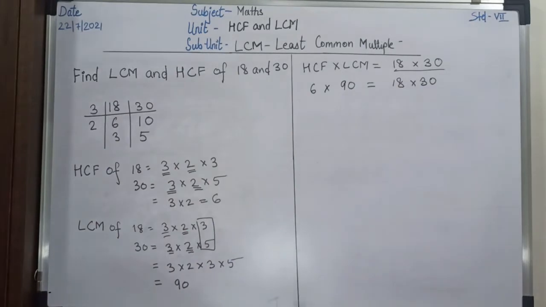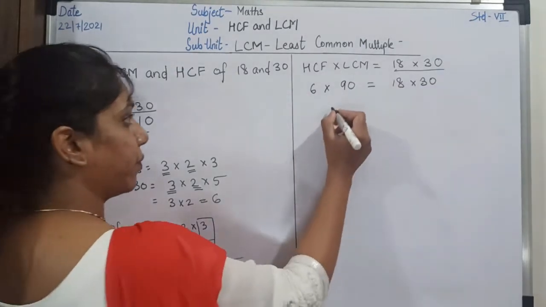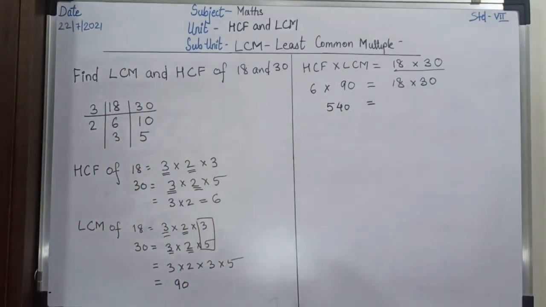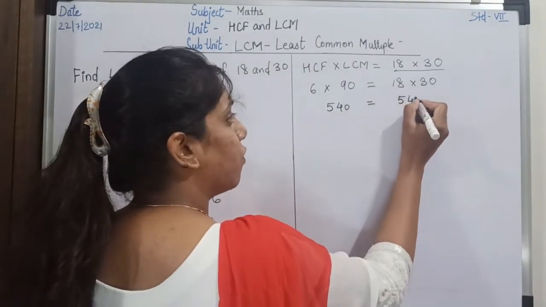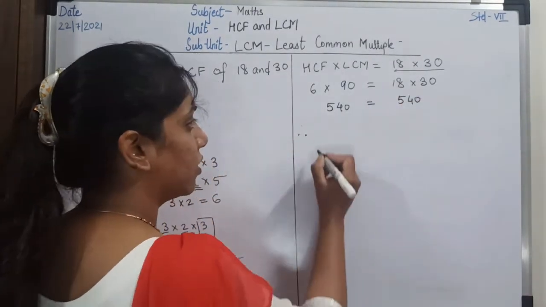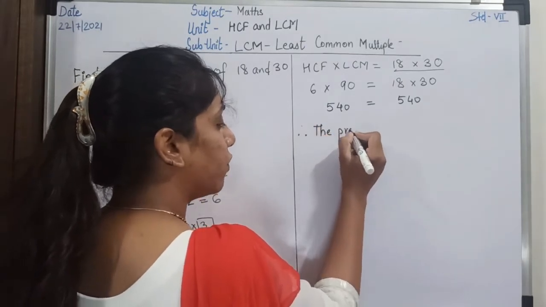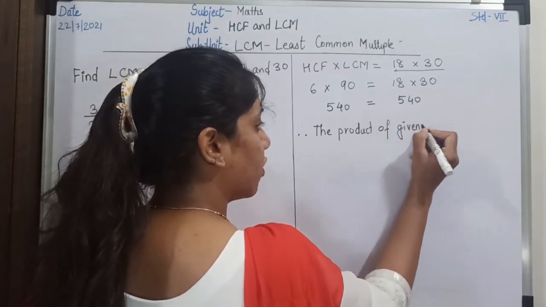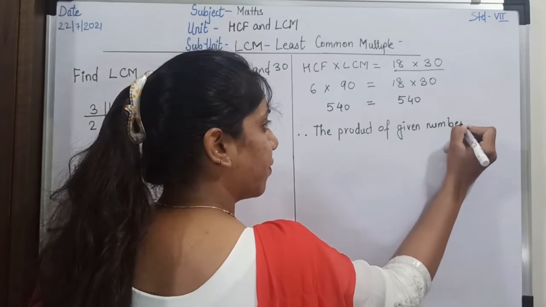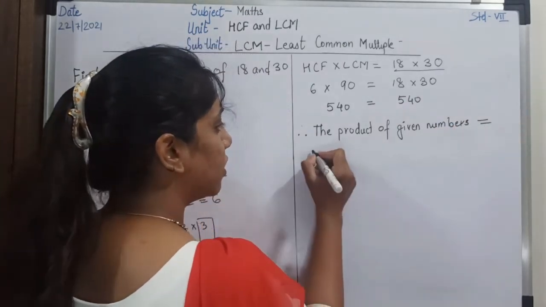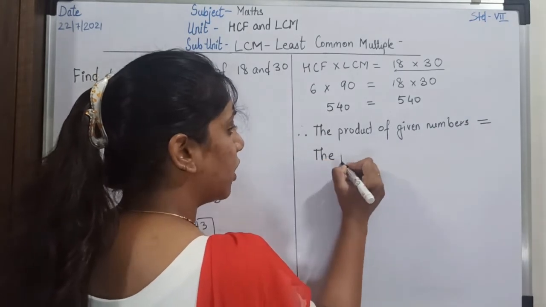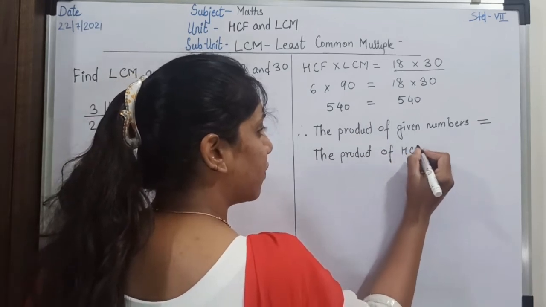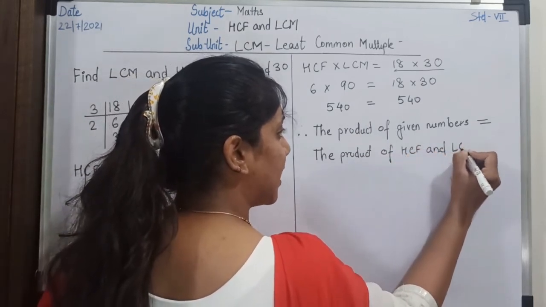So 6 into 90 is 540. And 18 into 30 is also 540. Therefore, the product of given numbers is equal to the product of HCF and LCM.